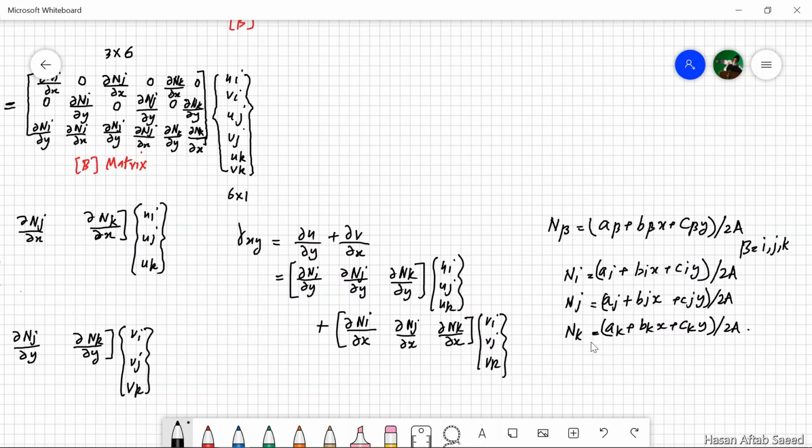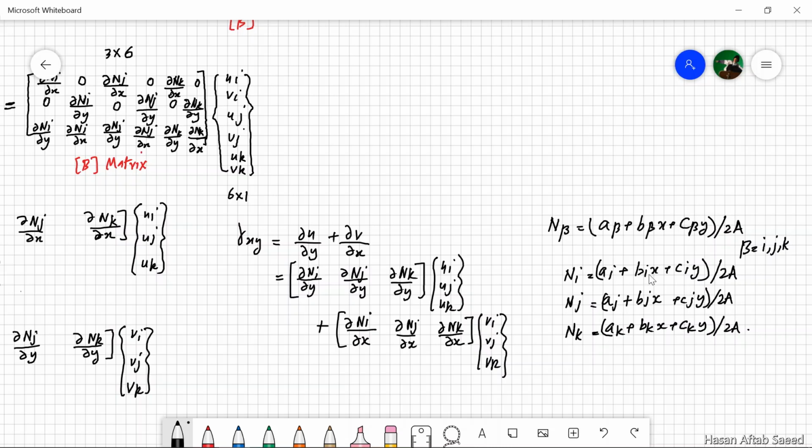Now it is very clear that whenever we take partial derivative of ni, nj or nk with respect to x, we should only get bi over 2a. And whenever we take partial derivatives of ni, nj, nk with respect to y, we should only get ci, cj and ck divided by 2a.